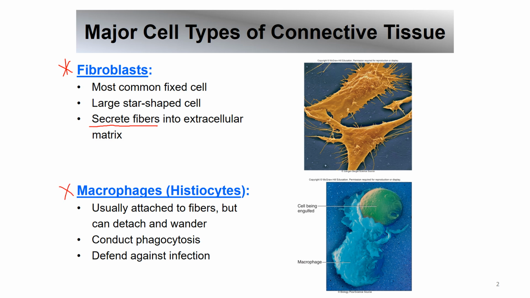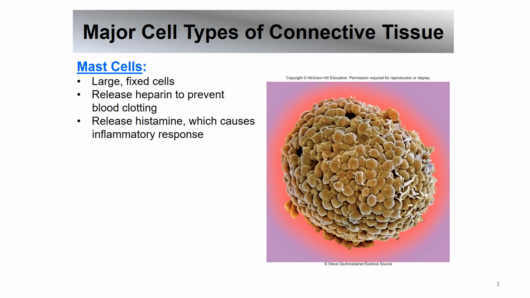These are important for defense against infection because they're able to do phagocytosis, meaning eat a bacterial cell or a parasite cell. Mast cells have two functions. They release heparin to prevent blood clotting, meaning unnecessary blood clotting, and they also release histamine for inflammation.